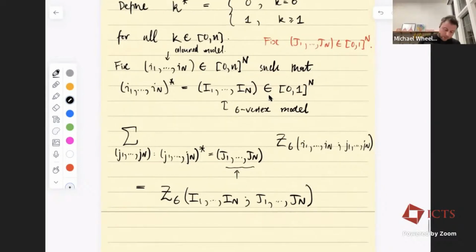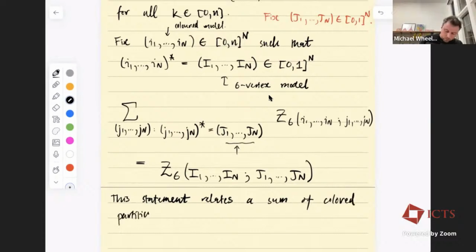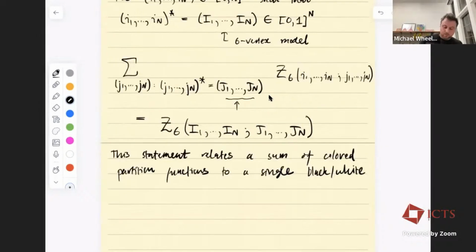So in particular, I can just write it here. This statement relates a sum of colored partition functions to a single, say, black and white partition function.